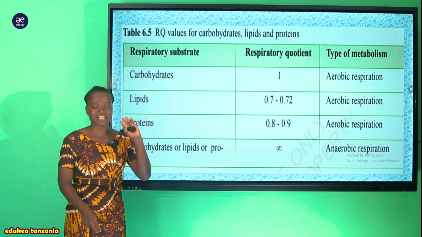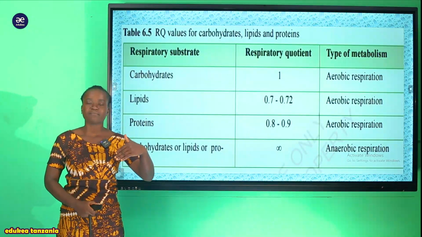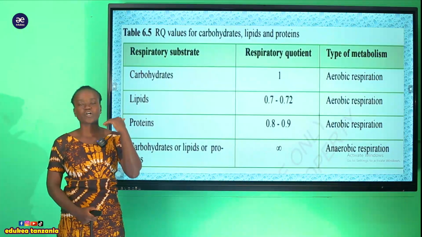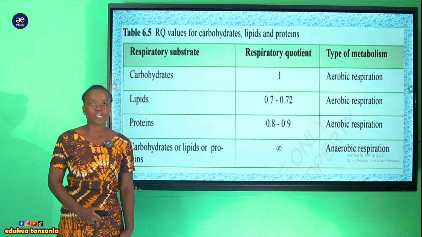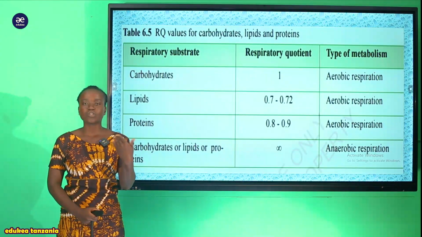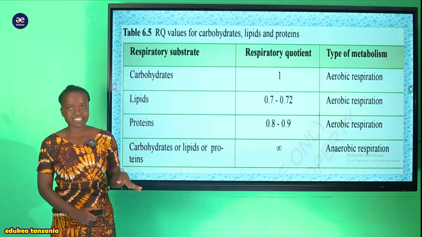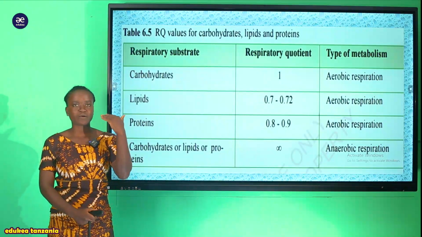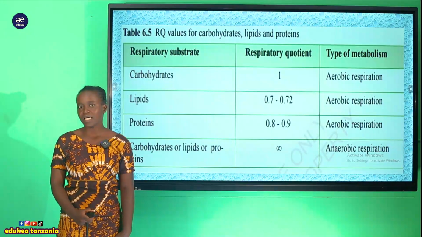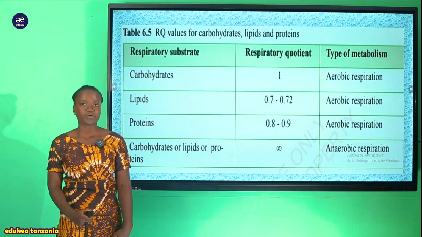We were seeing it in the previous session, kwa maana kwamba kiwango cha carbon dioxide evolved na kiwango cha oxygen consumed during the production of about 38 ATP during glucose oxidation, it is about 6 ratio, kwa maana kwamba kunakuwa na 6 kwenye carbon dioxide na 6 zingine zinakuwa kwenye oxygen.